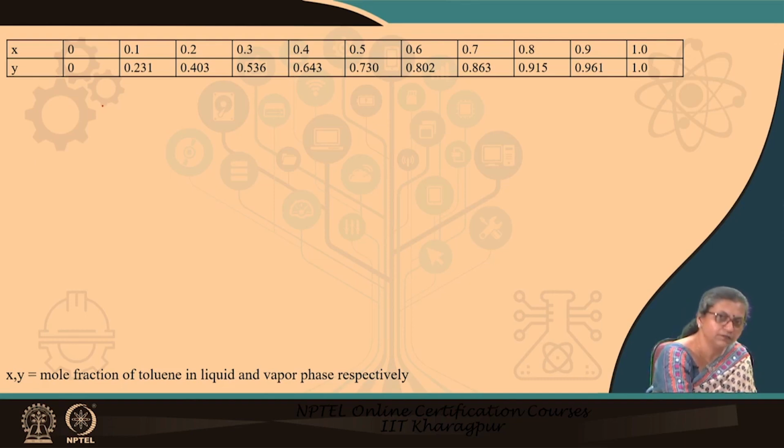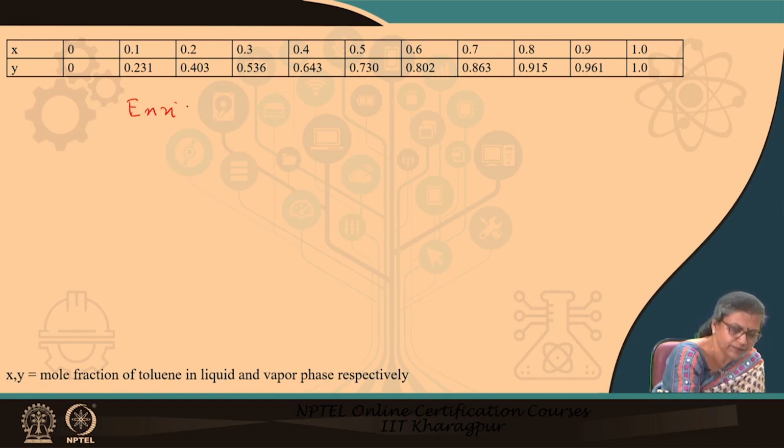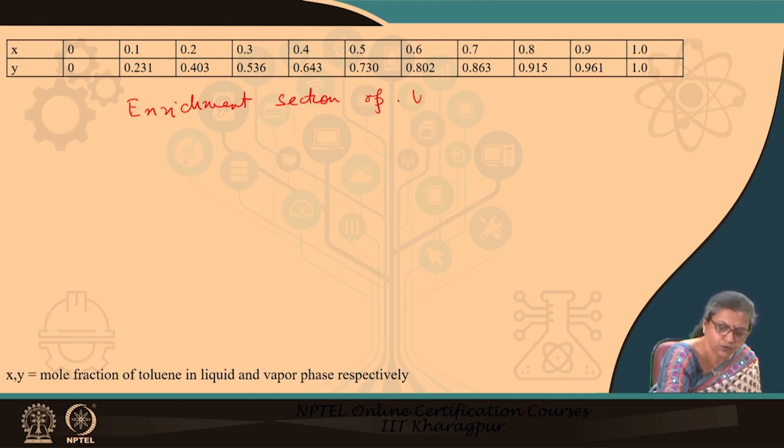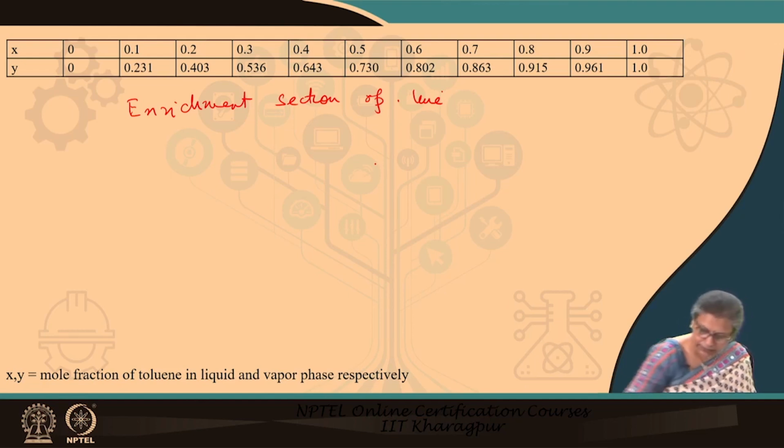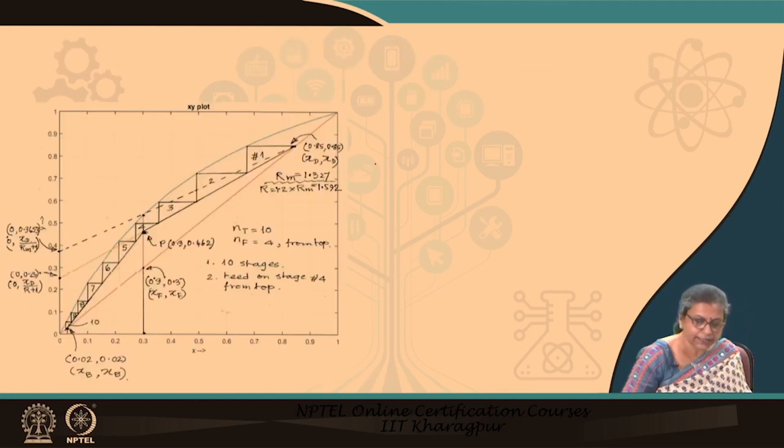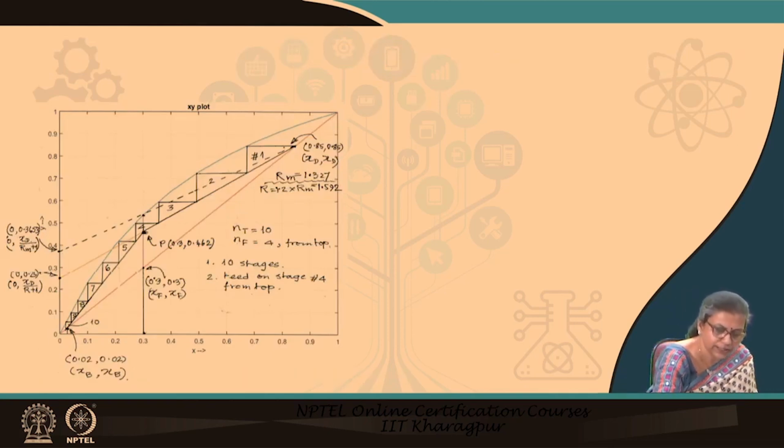Now, we start with the enrichment section operating line. For this, we first need to find out the R minimum. If you can see, this is the operating section line. It starts from XD till this particular point, and then it is extended here.